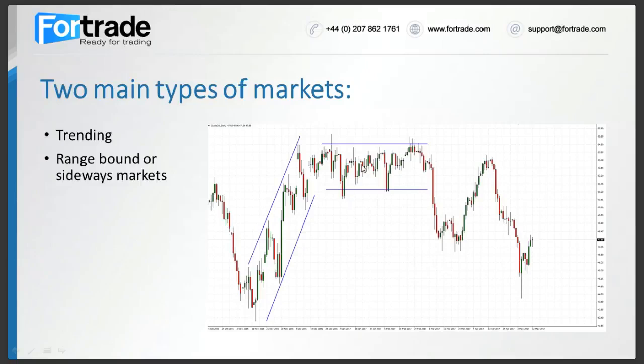A range bound or sideways market looks like this. Here the market is moving up and down within a specific range. Indicators tend to be suited to either a trending or a range bound, sideways market.